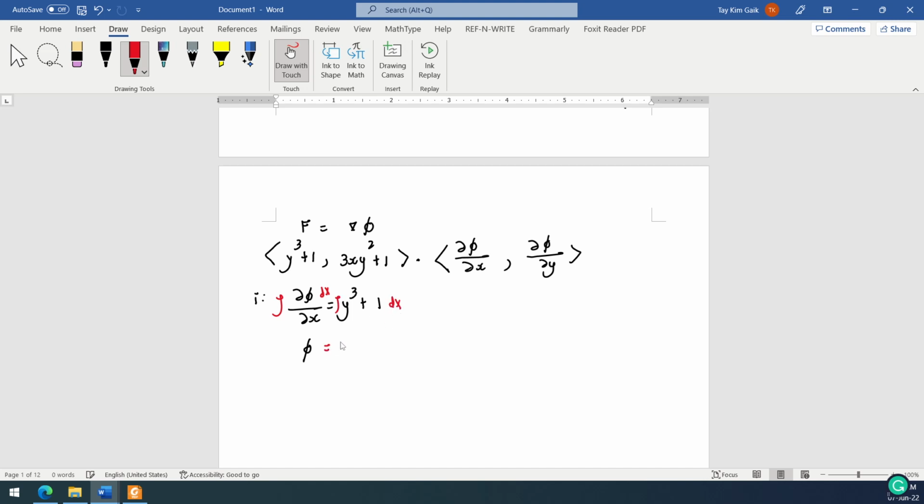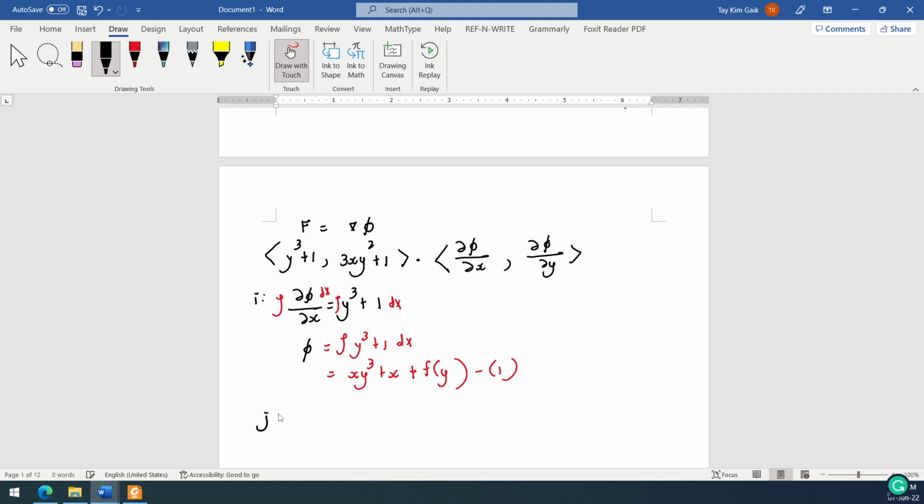So phi is the integral of y cubed plus 1 dx, and this is partial integration. When you integrate with respect to x, y is constant, so all of this is constant. So you have xy cubed plus x, plus the constant, which is a function of y. So this is the first equation.